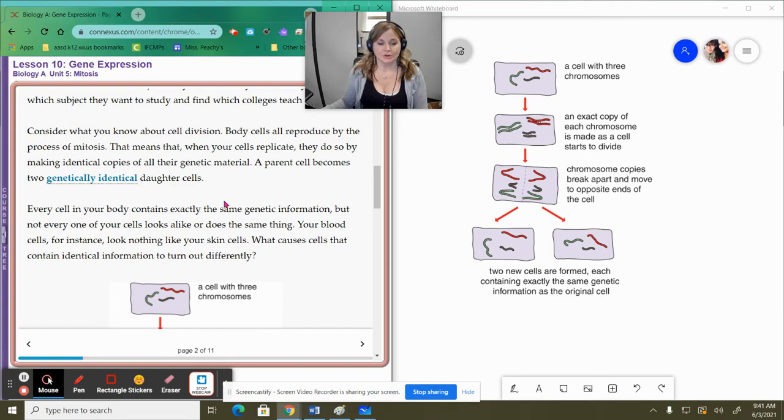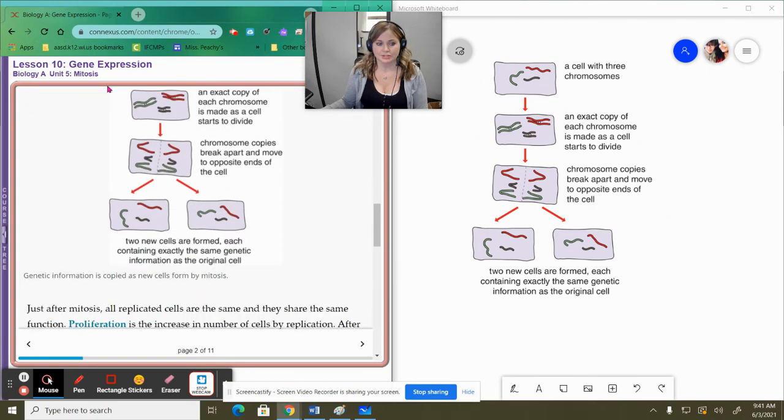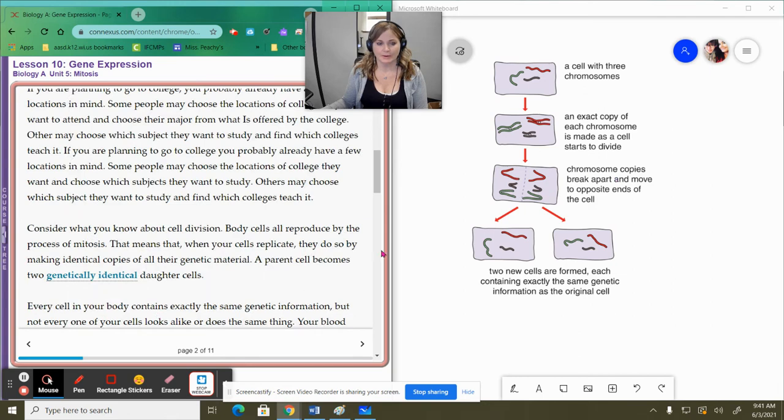Genetically identical daughter cells. As we can see in this little illustration they have in the lesson, and I put it on my whiteboard as well, the process of mitosis is what we're talking about. Mitosis is cell division that yields genetically identical daughter cells.